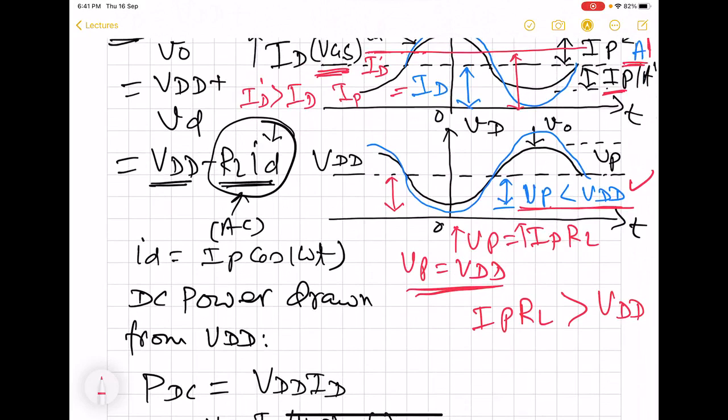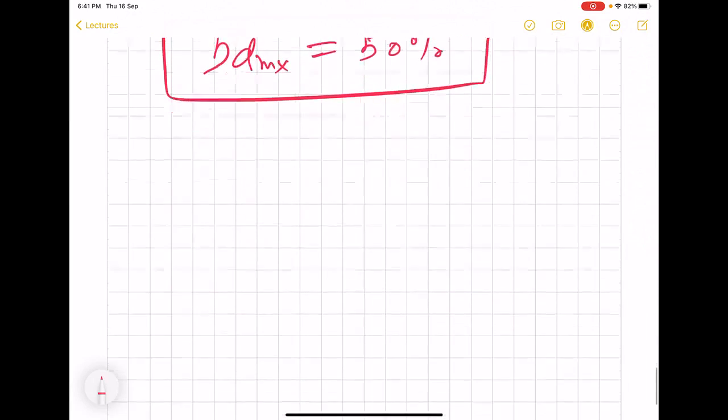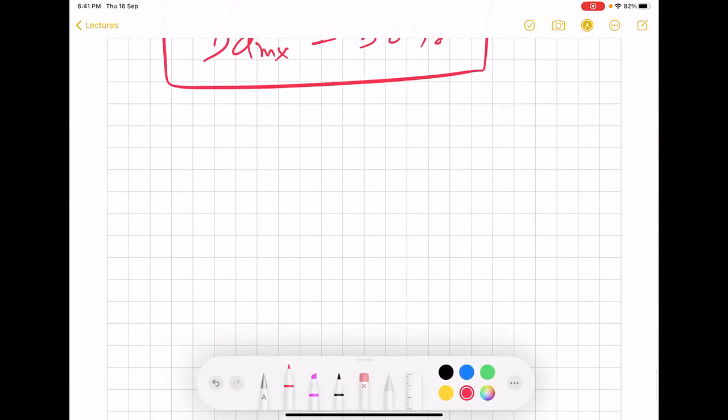So we considered two cases initially, VP equal to VDD and VP less than VDD. Now what about this third case? So here what will happen is, if IP into RL is greater than VDD, then there is going to be distortion in the output waveform. Now the output waveform is going to be something like this.